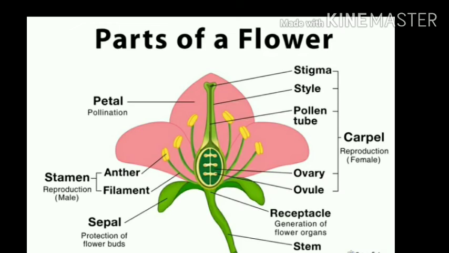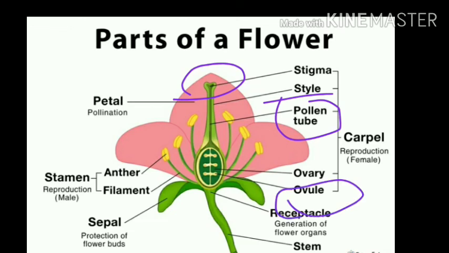So basically, when pollinators come in contact with the stigma, which is the uppermost part, it receives the pollen grains and sends them through the style. The style acts as a pollen tube and carries the pollen grains into the ovary, where they are sent to the ovule part, where the actual fertilization takes place. Try to understand. After fertilization, the ovary matures into a fruit. The ovule develops into a seed.